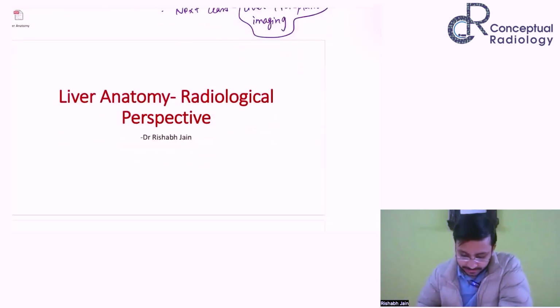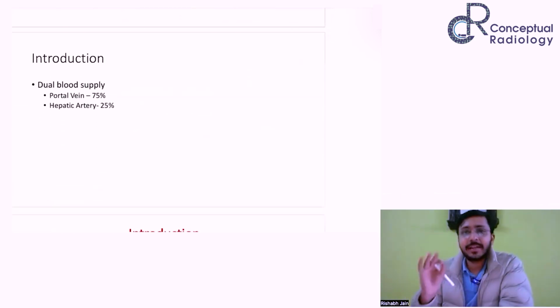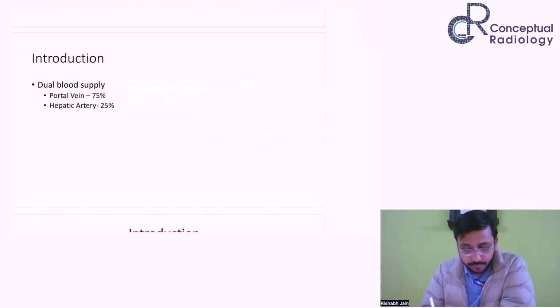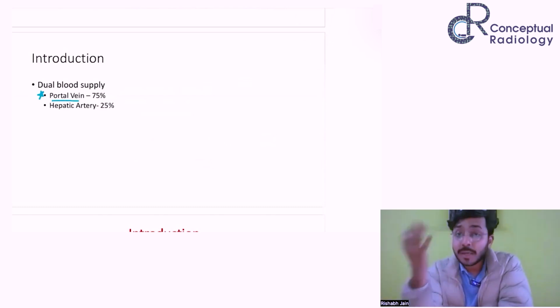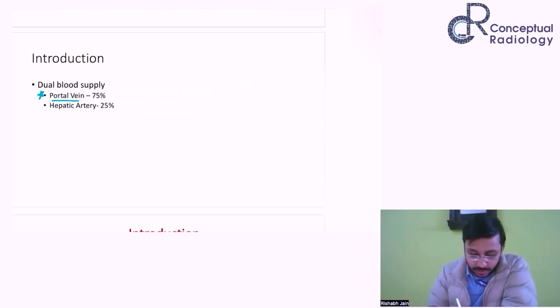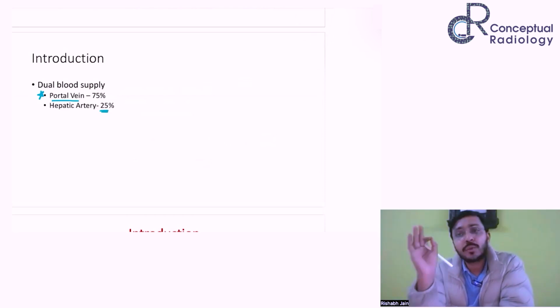Now, starting with today's class, we know that the liver has a dual supply and its predominant blood flow, which is very important and has a lot of clinical implications, is from the portal vein. Around 75% of the blood flow to the liver is through the portal vein, and only 25% is through the hepatic artery.